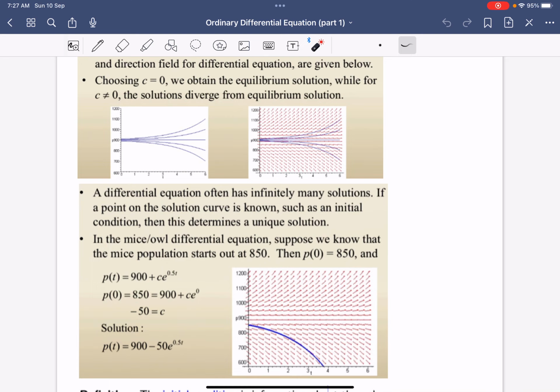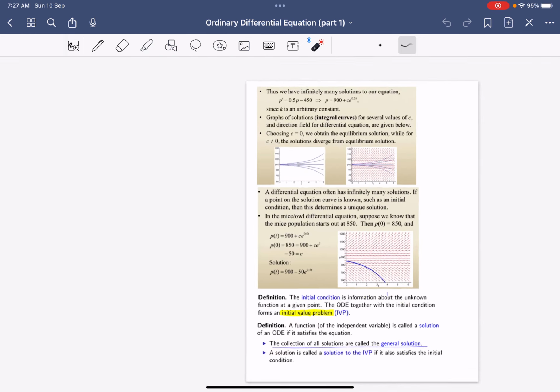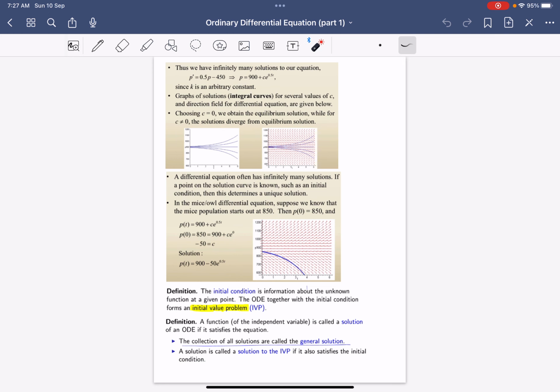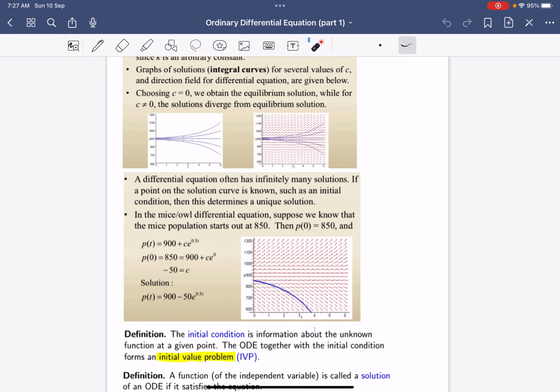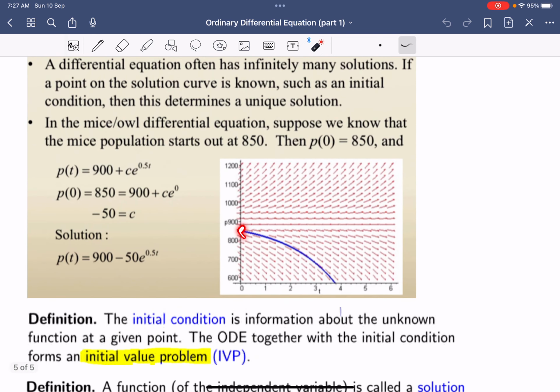And sometimes, while a differential equation has infinitely many solutions, there are certain constraints in the context of the question that give an initial condition for us to pick out a solution curve. So let's say it starts from here, then it must follow a trajectory down.